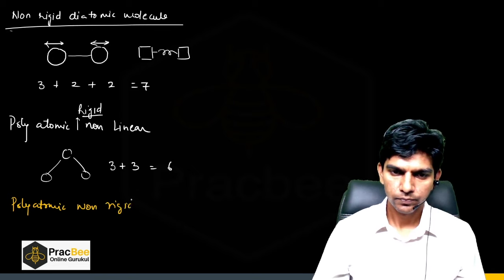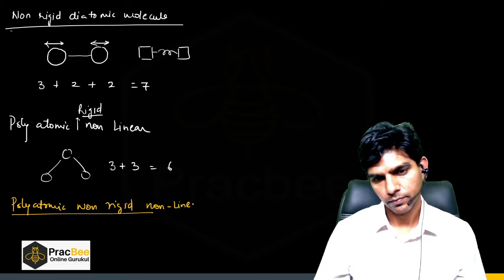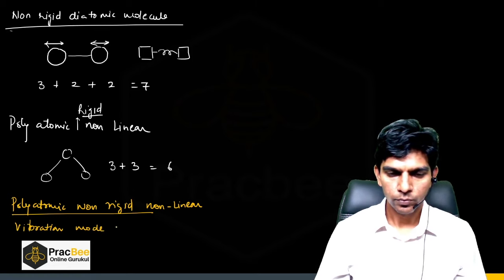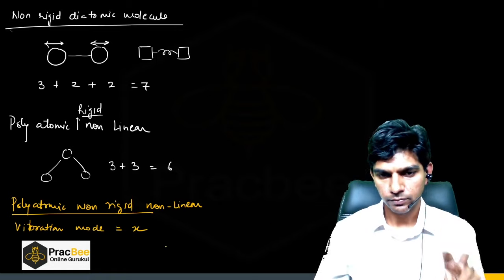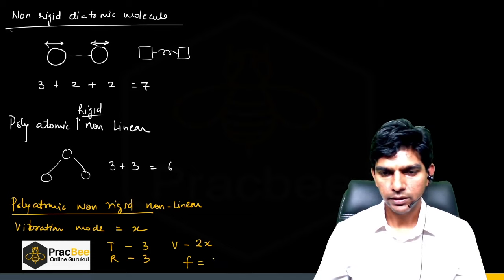Polyatomic, non-rigid, non-linear, and we are given the vibrational mode as X. So for every vibrational mode, there are 2 degrees of freedom. So for translation it will be 3, rotation will be 3, and vibrational will be 2 times X. So how many degrees of freedom will there be? 3 plus 3 plus 2X.